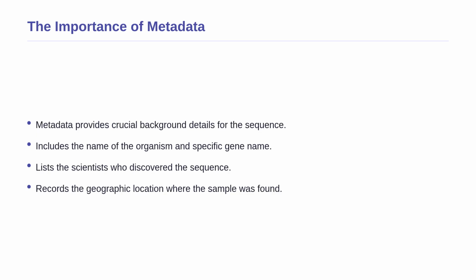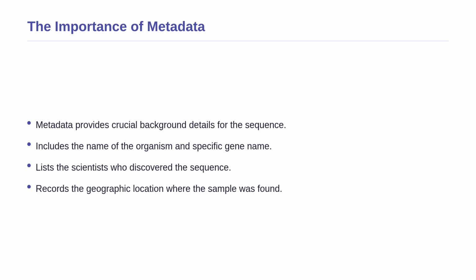We just mentioned the term metadata, so let us explore exactly what that includes. Metadata is essentially data about your data. In computational biology, metadata includes crucial background details, such as the name of the organism, the specific gene name, the scientists who discovered it, and the geographic location where the sample was found.